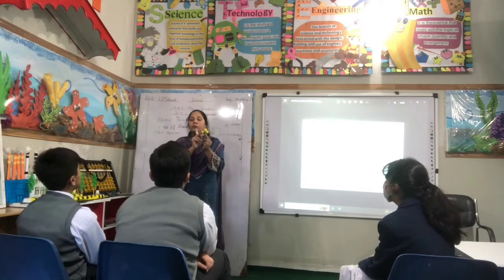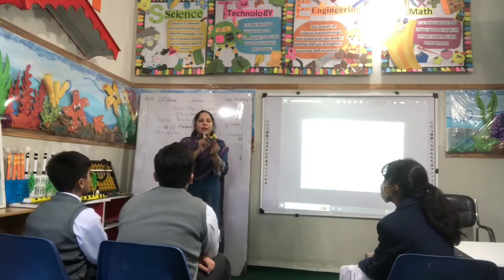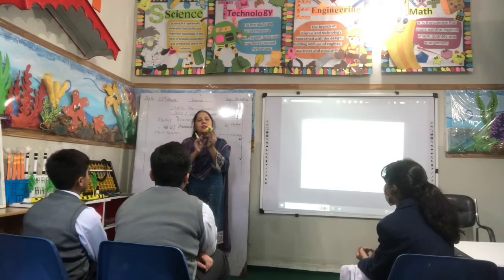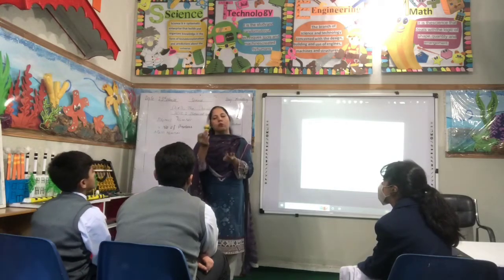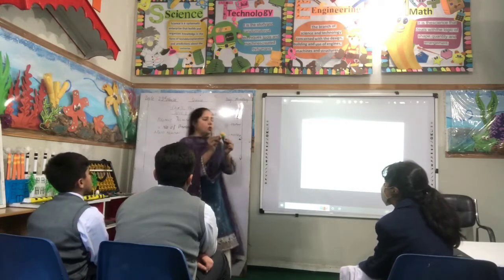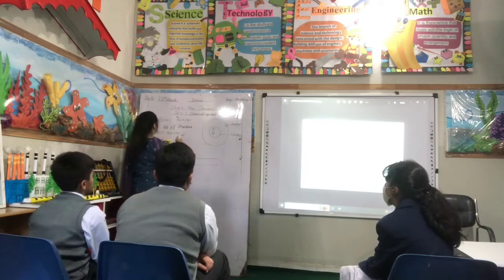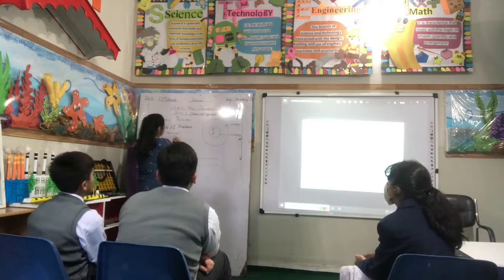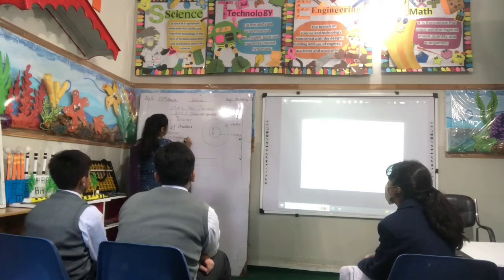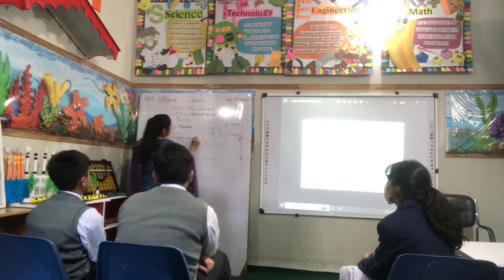It is made up of neutrons and protons, and this is making the center. Whatever mass an atom has, it is because of the nucleus. So we can say that mass number means number of protons plus number of neutrons.